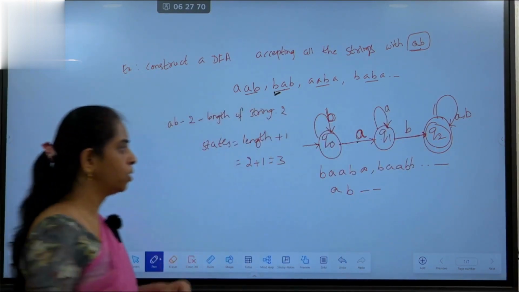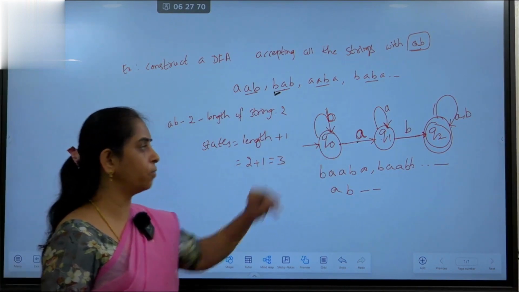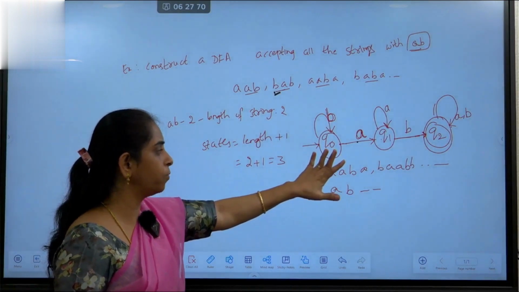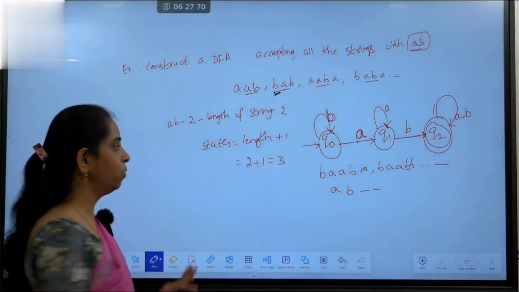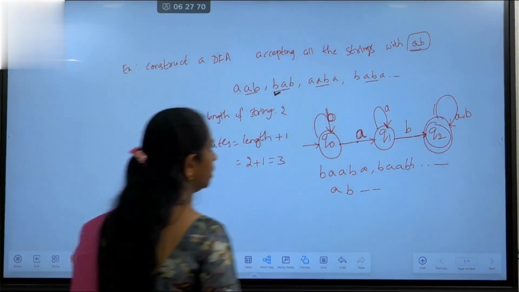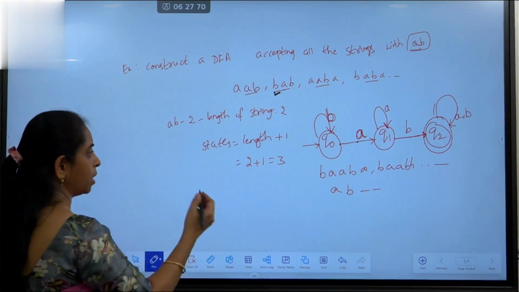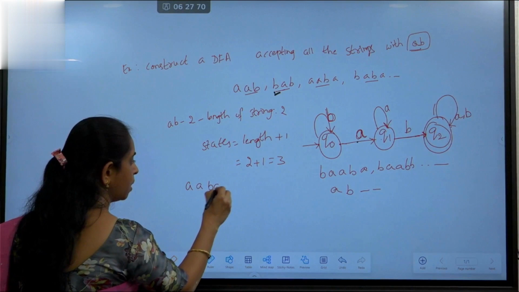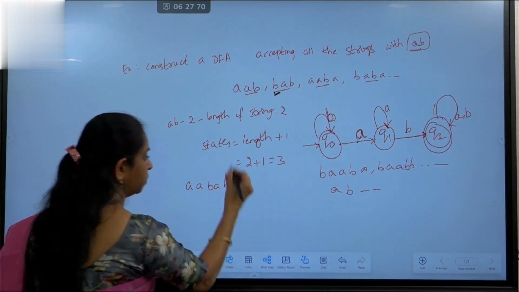Whenever we have constructed a DFA, we have to check whether the drawn DFA is correct or not. So let us take any string accepting the string with AB. I am taking it as ABABAB.